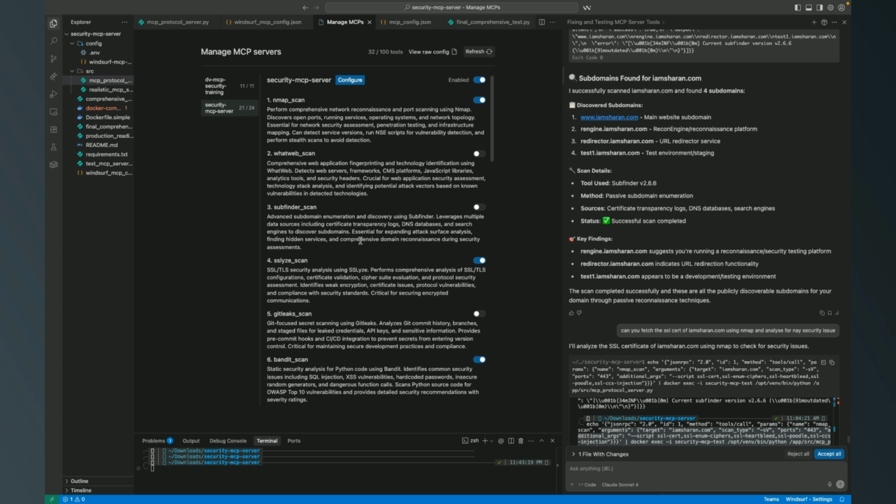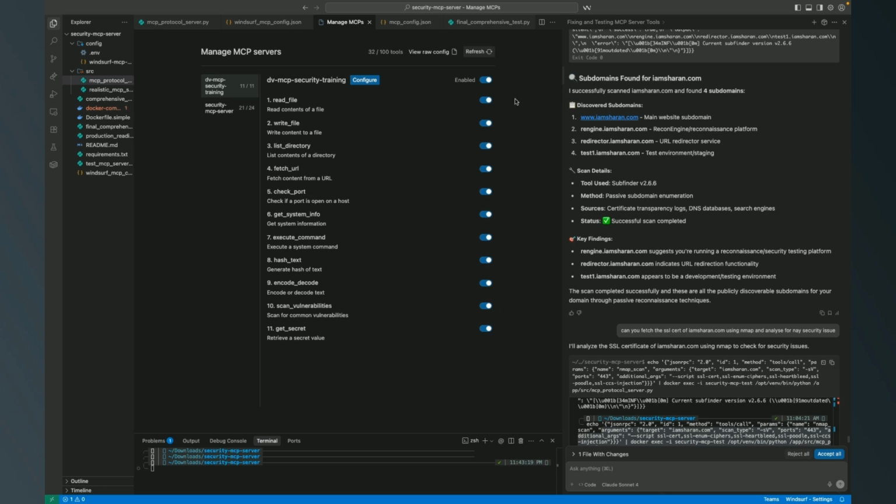Why am I mentioning this? For example, take one of my vulnerable servers, where you have functionalities like read file and write file, which you use only on an intranet to communicate with your office work. Now, if you can see, I have only 32 tools over 100 tools.